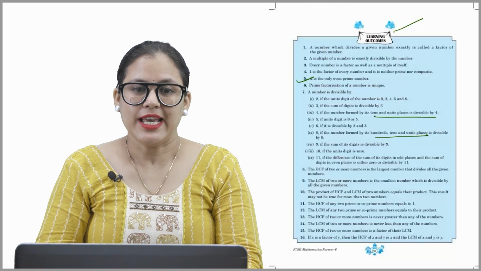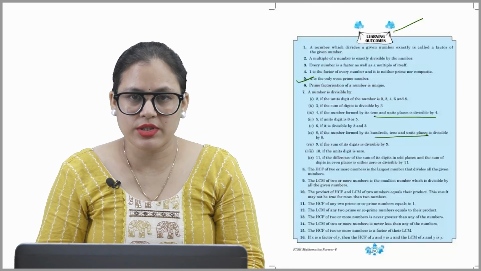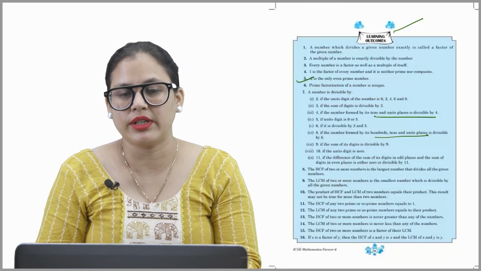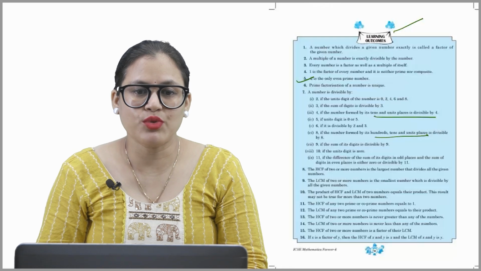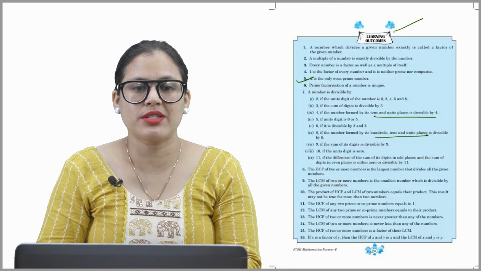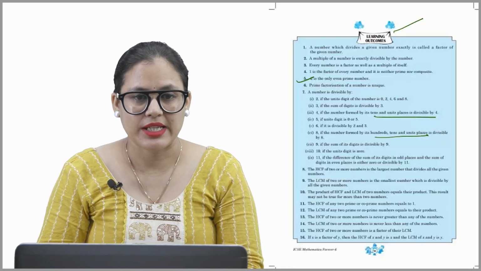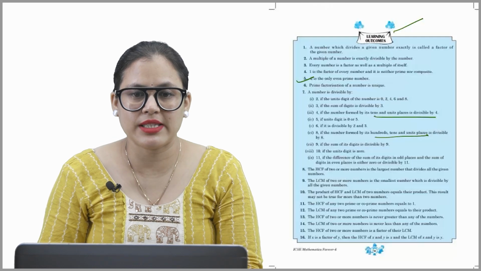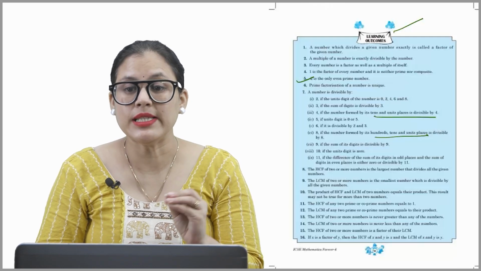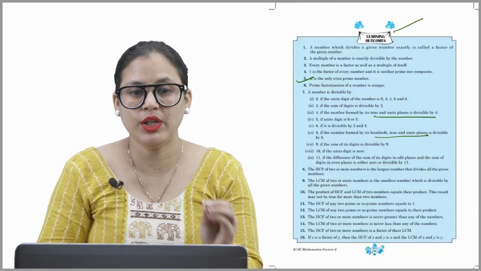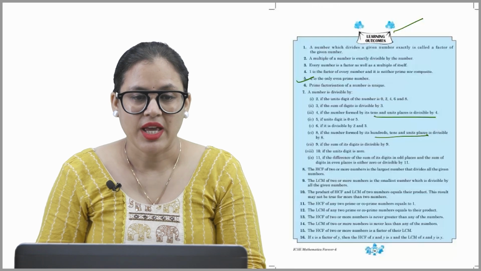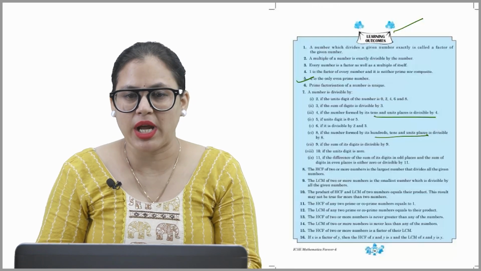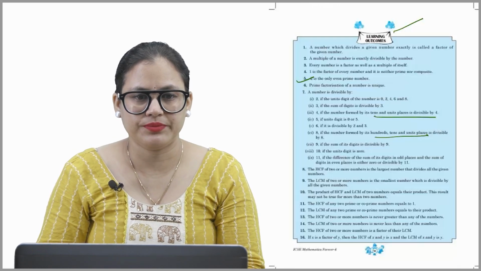Okay. 8. The HCF of 2 or more numbers is the largest number that divides all the given numbers. 9. The LCM of 2 or more numbers is the smallest number which is divisible by all the given numbers. 10. The product of HCF and LCM of two numbers equals their product. This result may not be true for more than two numbers. 11. The HCF of any two prime or co-prime numbers equals 1. 12.